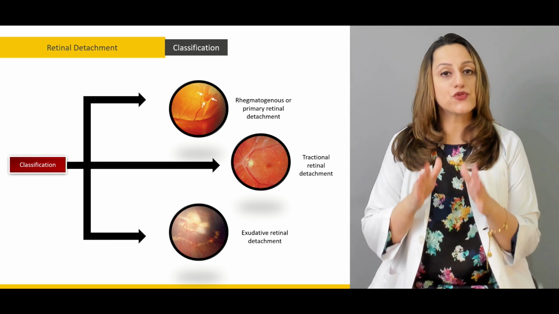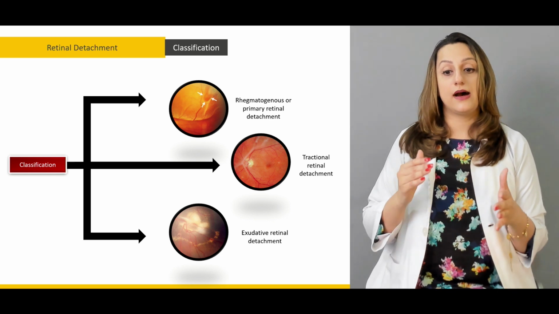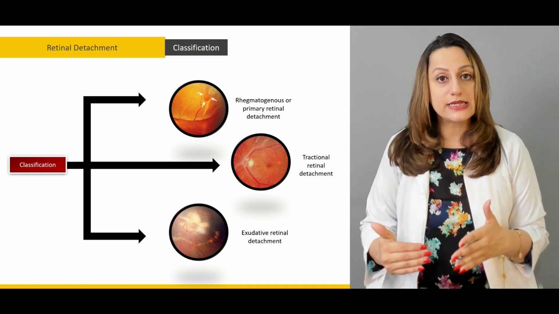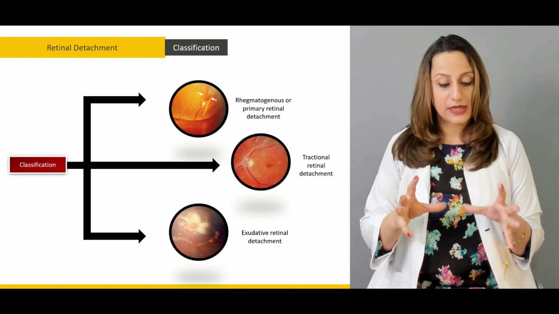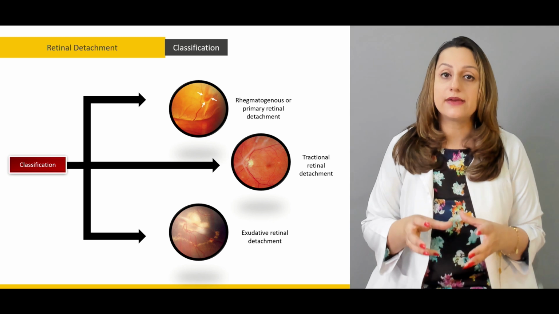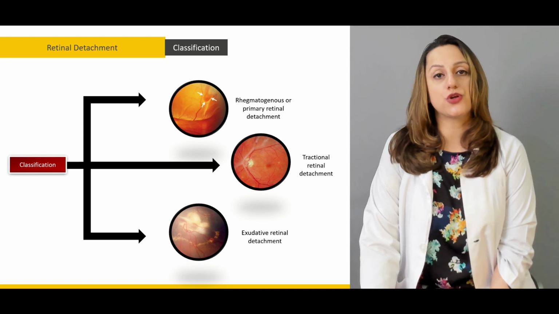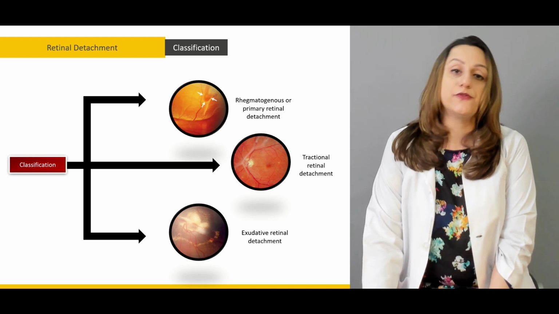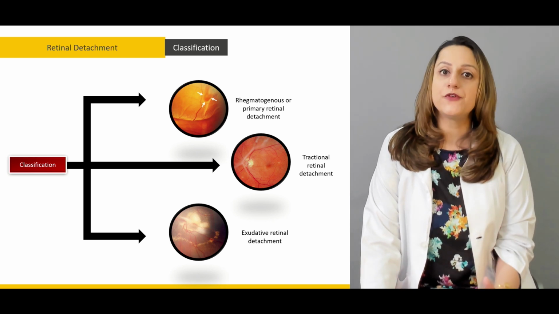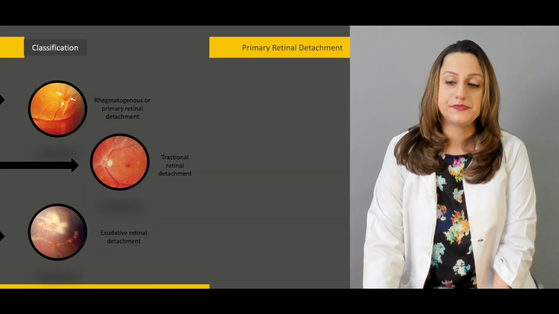So these three major categories are what we have to keep in mind relating to primary retinal detachment, mainly focusing on the factors that were related primarily to the retina itself. So we have to focus on the focal pigments, on the focal clumping phenomena that can occur in the retina.